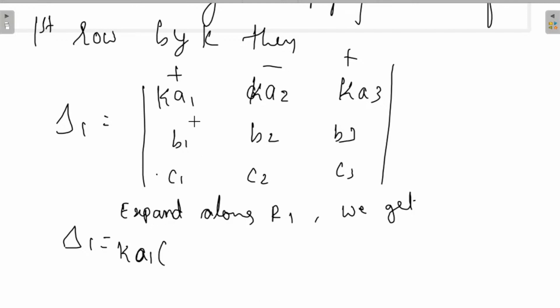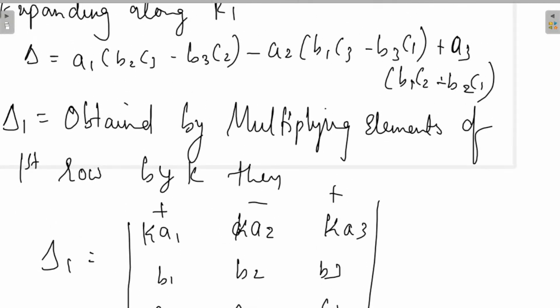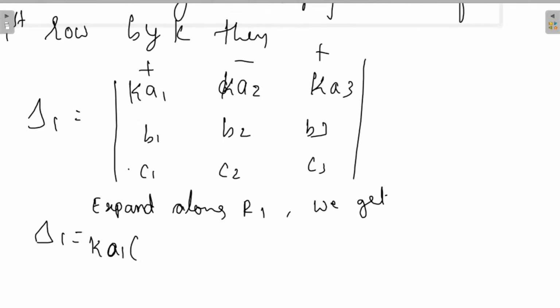See here, now first row first column is deleted, everything will be same, just the value of k will be added over here. Everything will be same as usual above as delta, just the k will be associated with the outside.